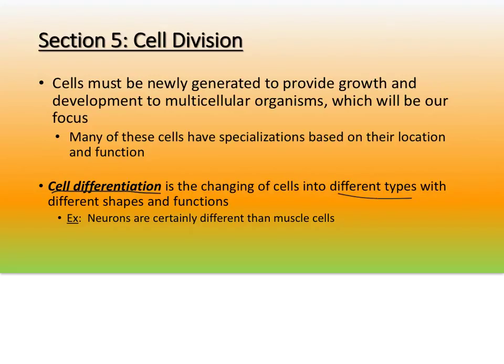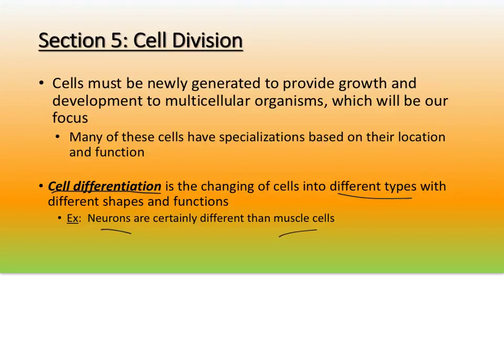And as we learned with the last part of the unit, every organelle has a function, and its structure fits that function. The same is true of your cells. Every cell in your body has a particular job to do, and the structure of that cell, the shape, the size, will fit with that job. So, for instance, neurons are going to be shaped a lot differently than muscle cells because they have a different job to do.